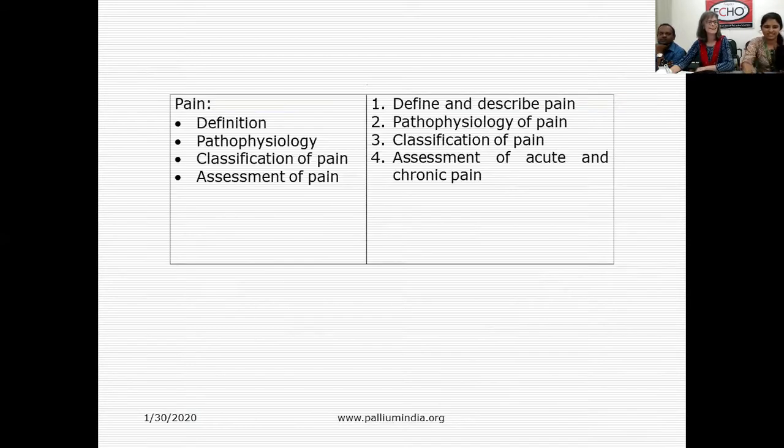I want to make sure that you know that we're not going to answer all your questions about pain today. It's simply an introduction to describe pain in ways that are consistent with palliative care and classify it. I think of the assessment of pain as something that needs a great deal of attention in palliative care.